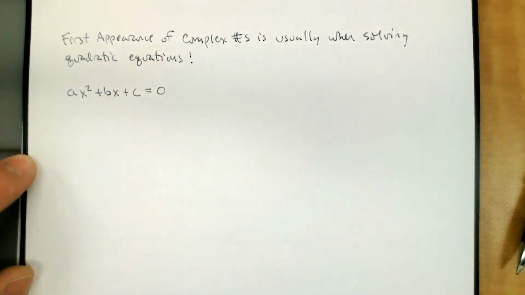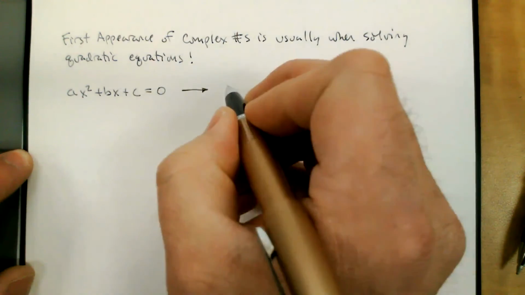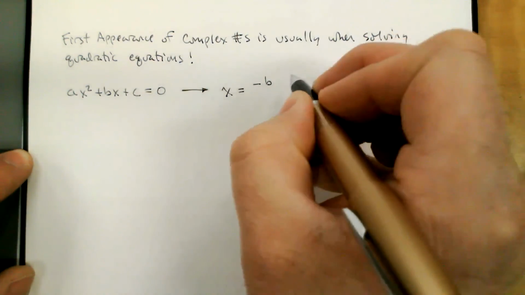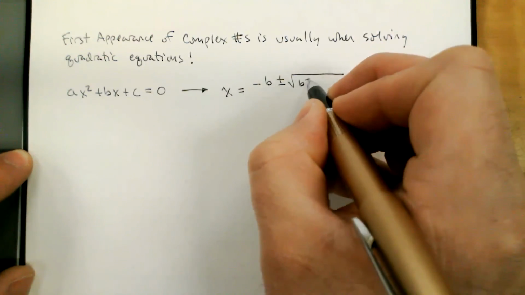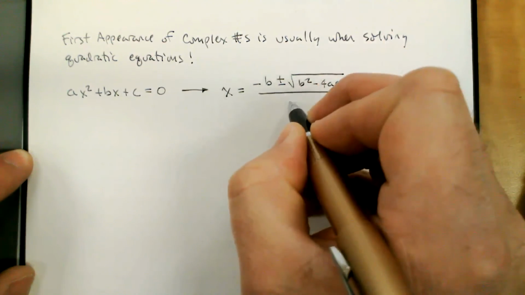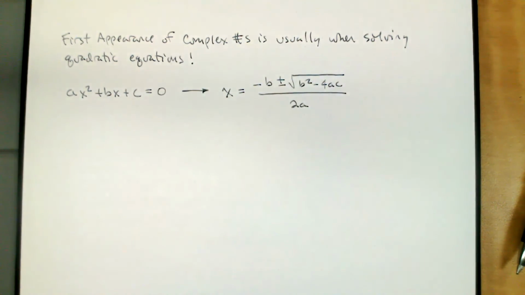This is a quadratic equation. It's got an x squared, sometimes even an x in it. And we know that the solutions we can get with the quadratic formula, even though the quadratic formula is kind of trash the way we normally do it, the opposite of b plus or minus the square root of b squared minus 4ac all over 2a. This is the normal first time we encounter complex numbers.